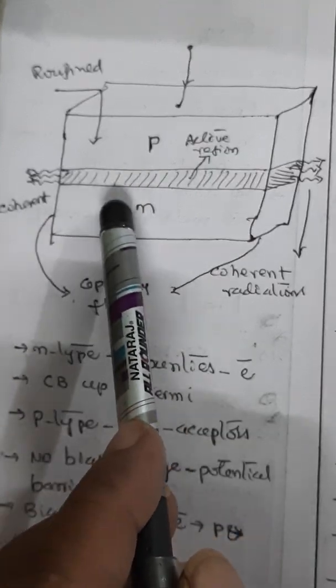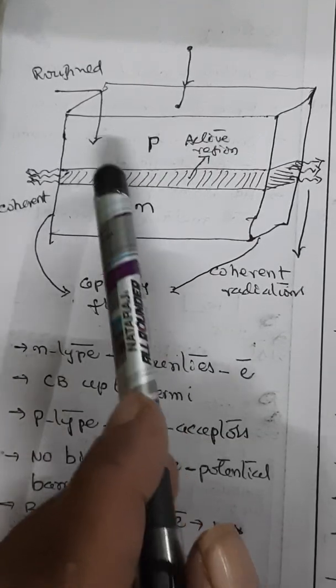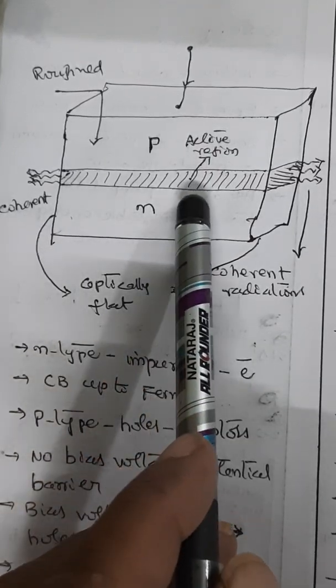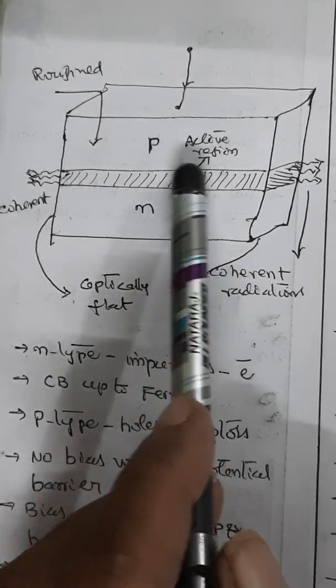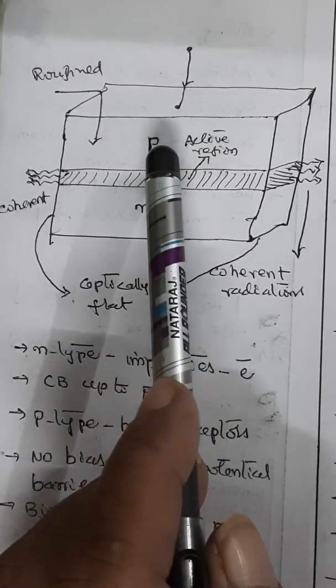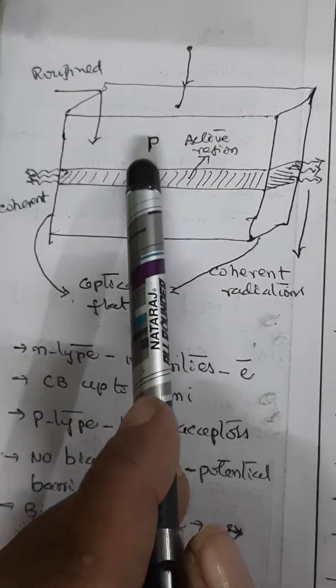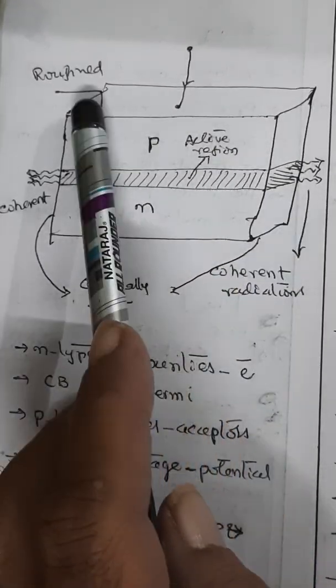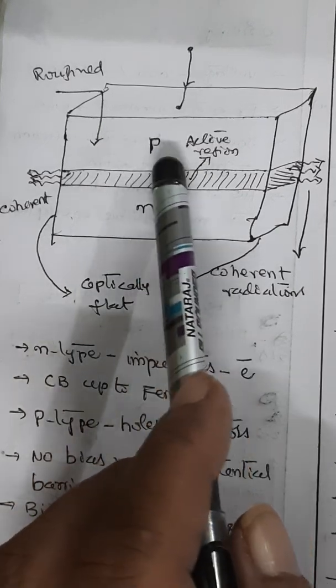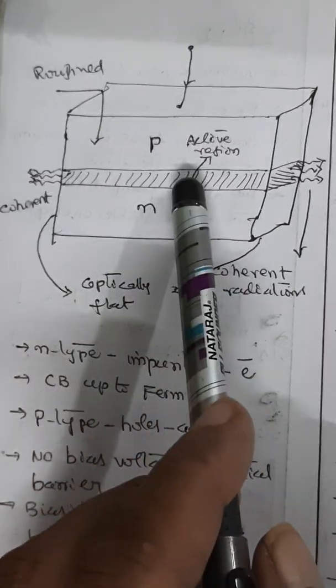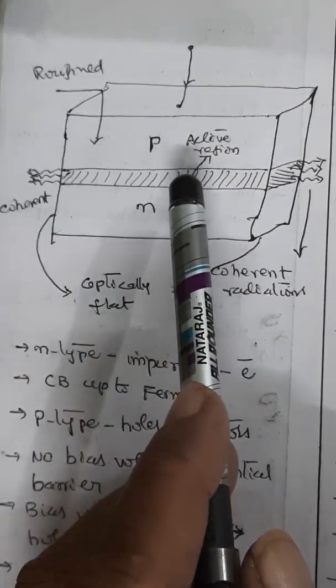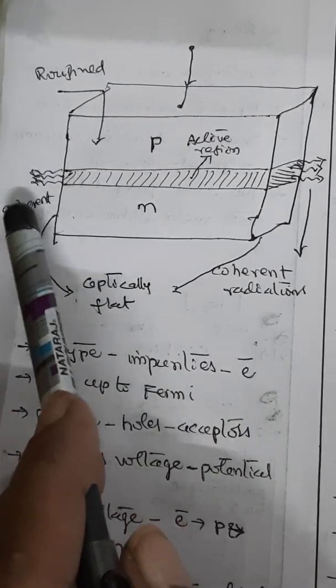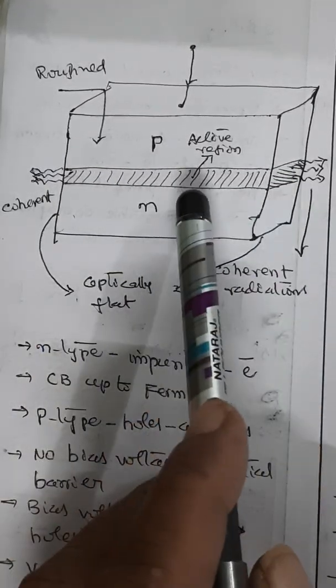One of the pairs of faces perpendicular to the junction plane is cleaved and polished so that it acts as a reflecting mirror. The other two faces are roughened to eliminate lasing in those directions. So you can have coherent radiation on either side.